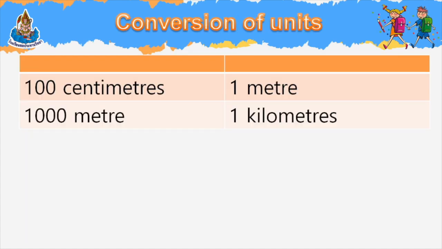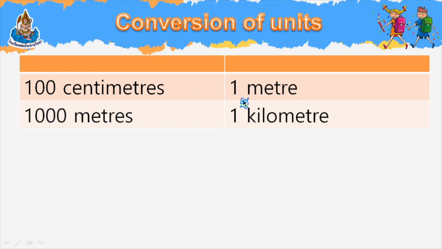Now, let's learn the conversion units. This time, we're going to focus on these ones only. If you have 100 centimeters, that is equivalent to 1 meter. In 1 meter, there are 100 centimeters.